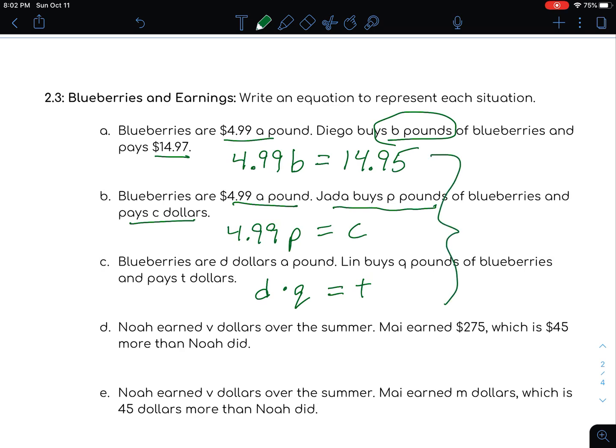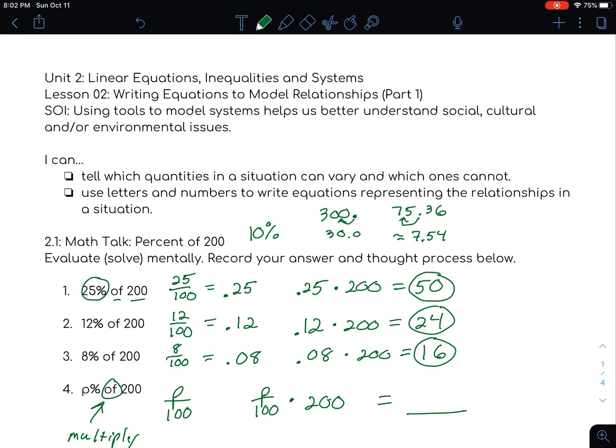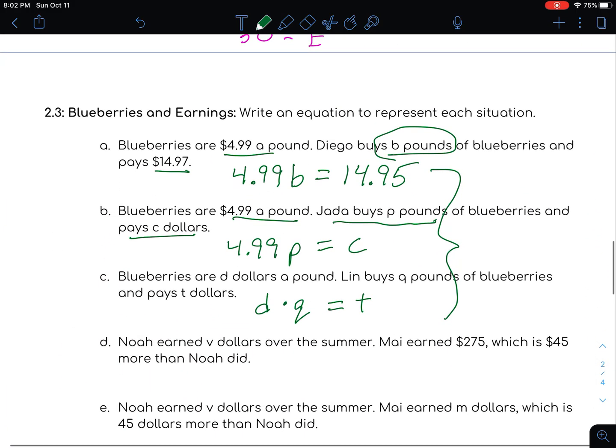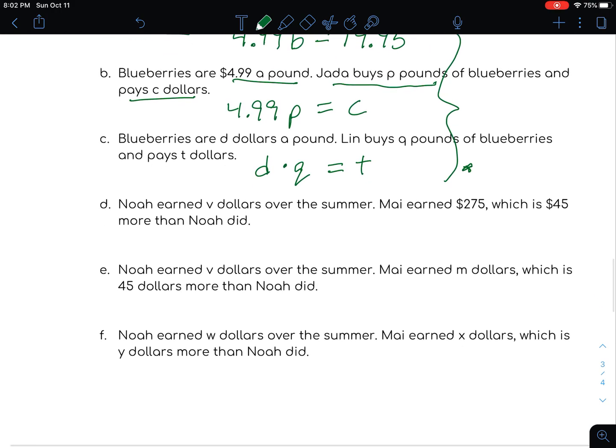So all three of these equations are representing the same situation. As we go through each one of those, we add one more variable into the mix and end up with an equation in part C here where they're all variables.